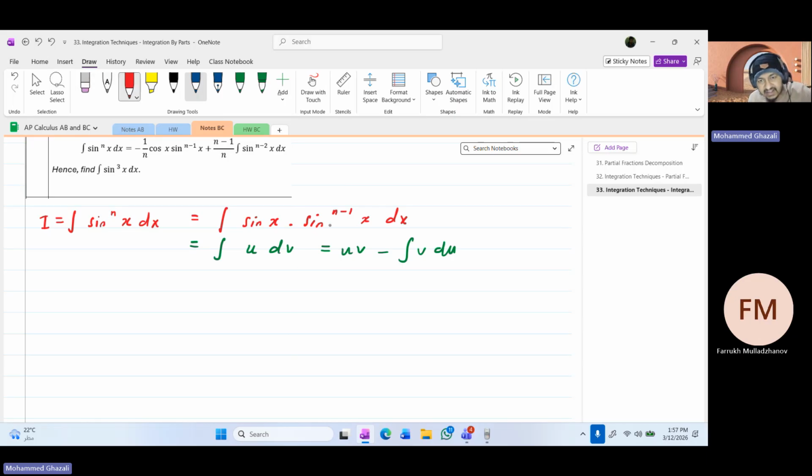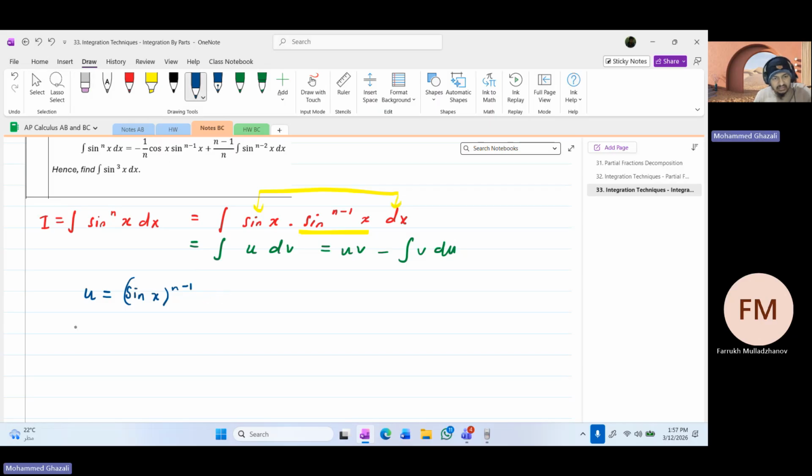Sorry, let u equal to sine x to the power n minus 1, because if I differentiate this, then I will get n minus 2. So you should choose your u as this. This is your u, and that part is your dv.